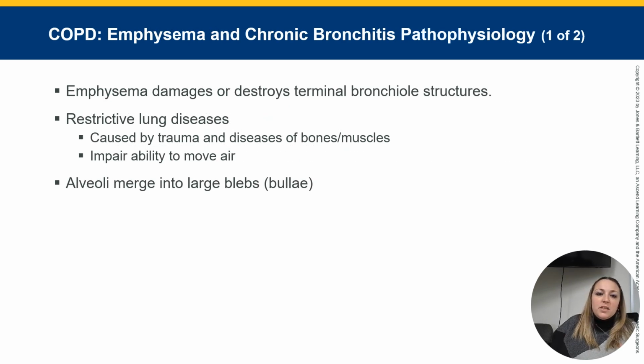COPD and emphysema. COPD encapsulates emphysema and chronic bronchitis. Emphysema really destroys the terminal bronchial structures. It turns those nice little leaves at the end of the branches into one massive blob of branch.